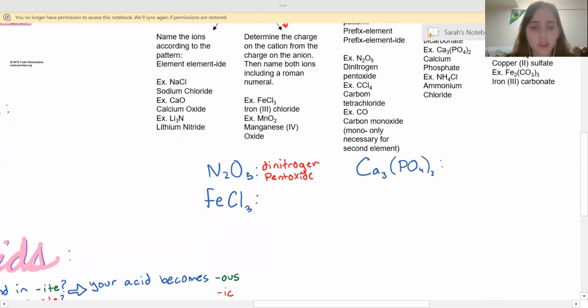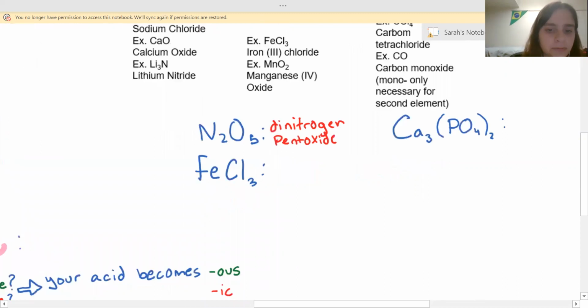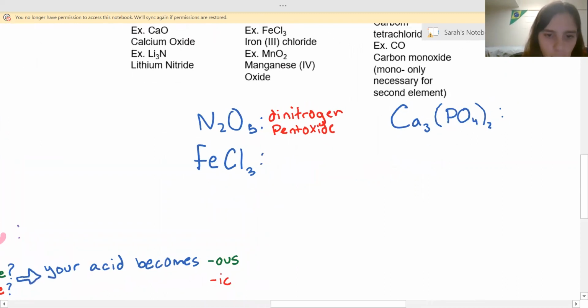It doesn't look like it tells us the charge of iron, but with a little bit more inspection, you can figure this out. If you recall, when making the subscripts for a compound, you have to cross the charges to the subscripts.